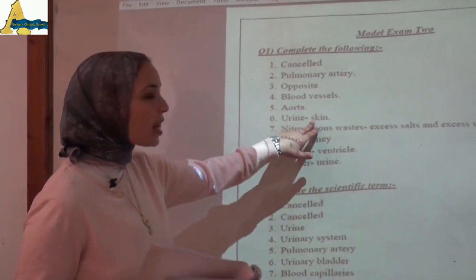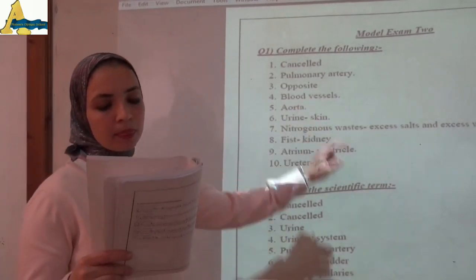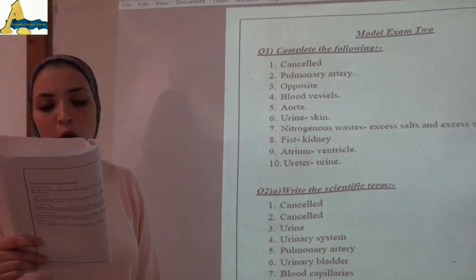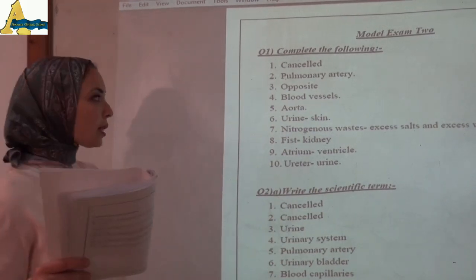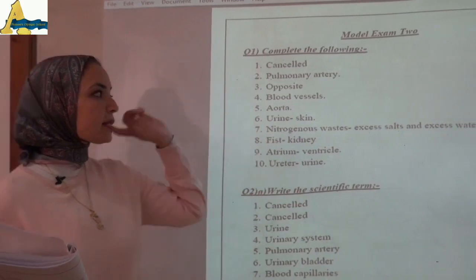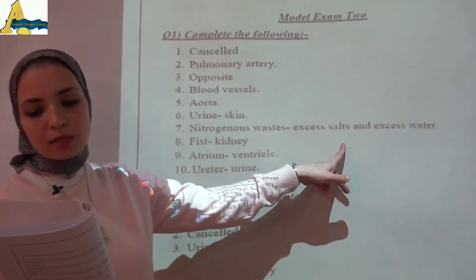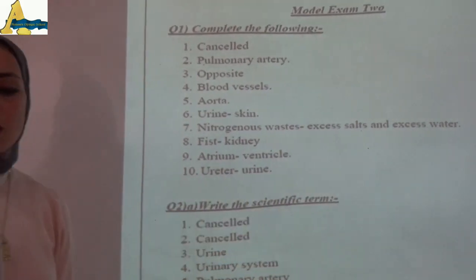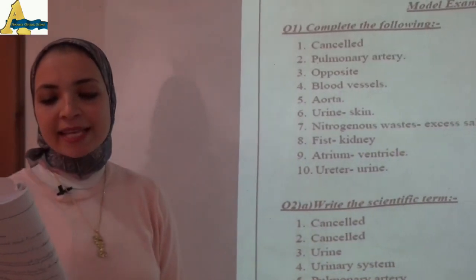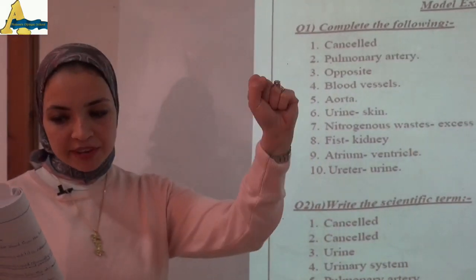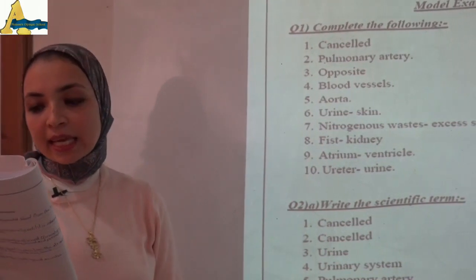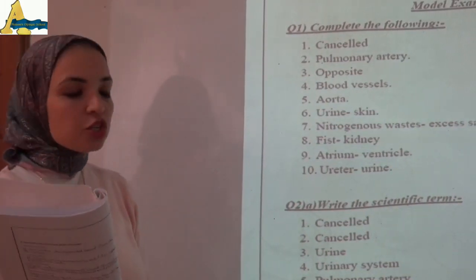Skin, or the sweat glands. Urine is composed of what? Nitrogenous wastes, excess salt, and excess water. The heart is the size of a fist, and the kidney has a bean shape.